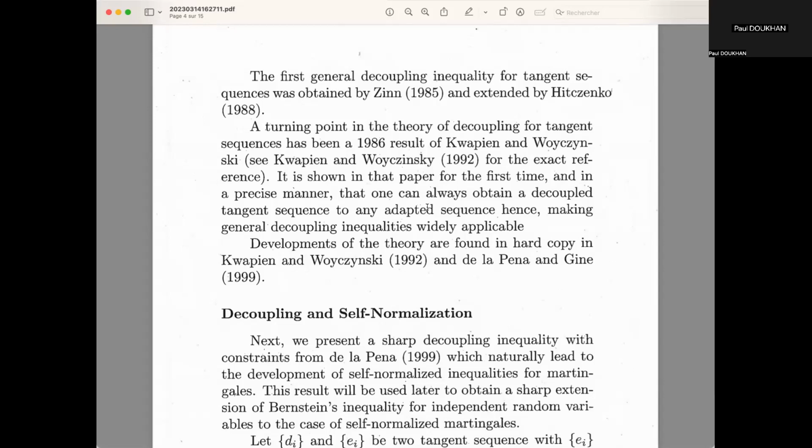And Doob told me there are a lot of results in harmonic analysis where you take the ratio of a harmonic function over a superharmonic function, but almost nothing in probability. There was something by Yor and Jacod, but very minimal work. So I kept that in the back of my mind, and I developed a self-normalized inequality.